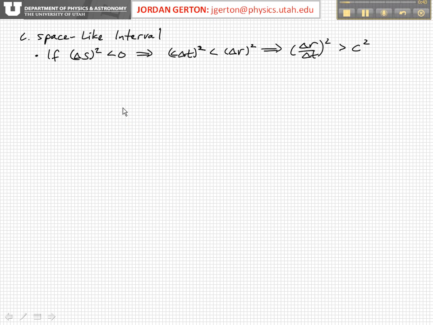Okay, by the same logic, if delta S squared is less than 0, if the interval is less than 0, then that implies that c delta t squared is less than delta r squared.